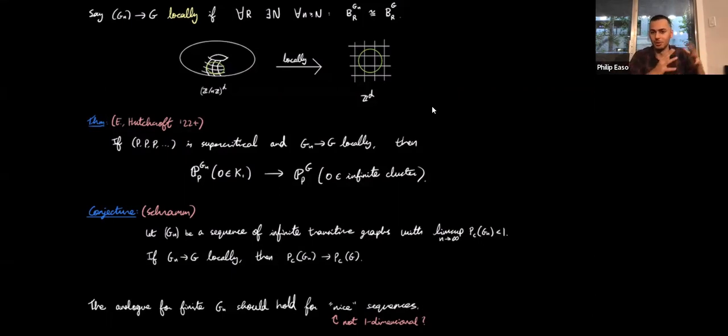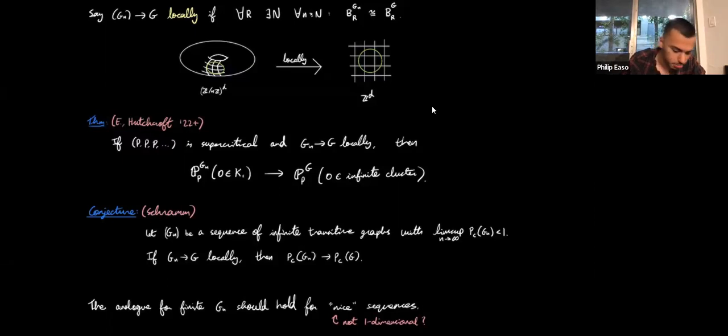That's what it would mean for our stories to link up. Otherwise, we're not really bridging. Here's what we showed. If you have some fixed parameter P that is supercritical for the whole sequence of graphs, and they converge locally, then the giant cluster density converges to the infinite cluster density in this sense.